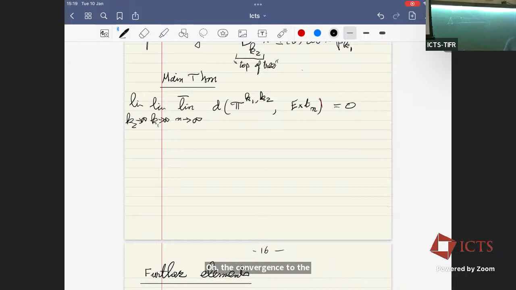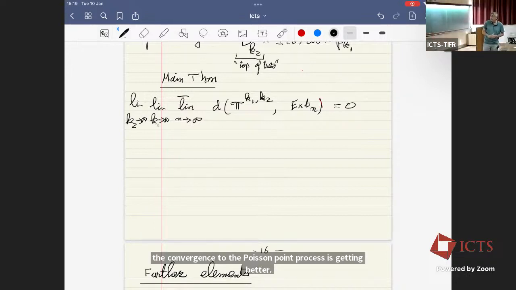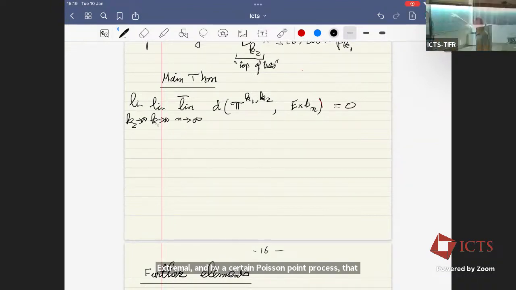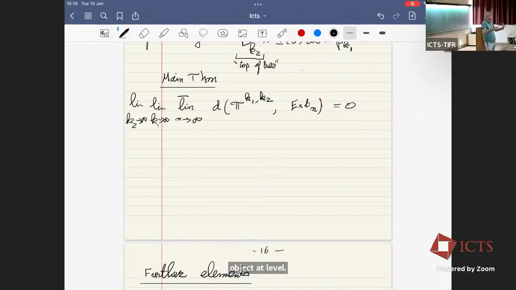So the exact statement is that you can replace our original process extremal n by a certain Poisson point process that as a parameter takes as input this dk2, this random object at level k2, okay? Which we know converges almost surely. That was a proposition I showed you before. So we converge to a random Poisson point process.